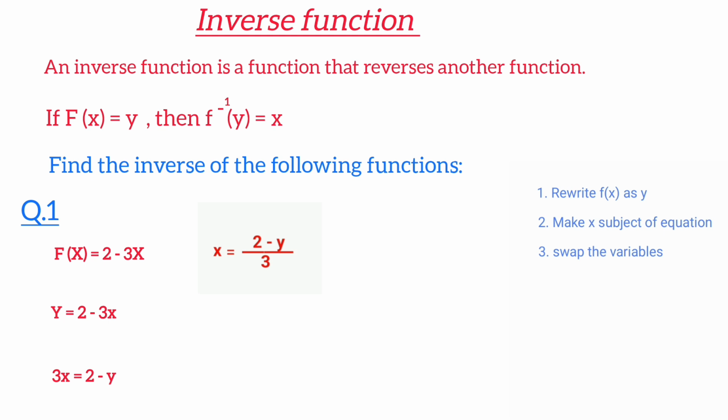Next, we swap the variables, that is, we write x in place of y and y in place of x. So this becomes y is equal to (2 minus x) over 3. And this is the inverse function. So we write this as f inverse of x is equal to (2 minus x) over 3.